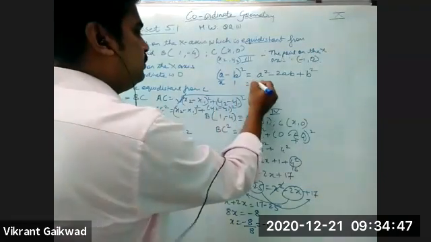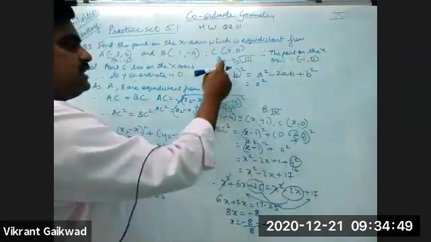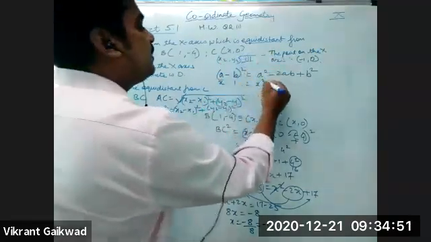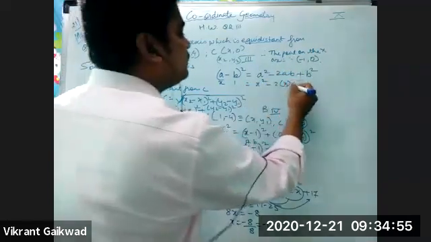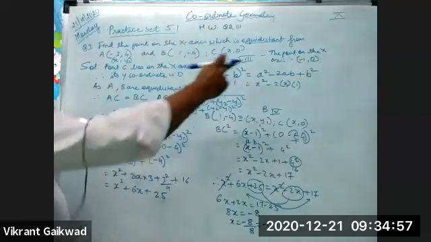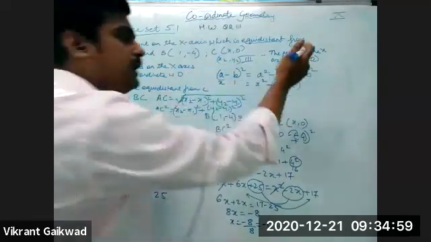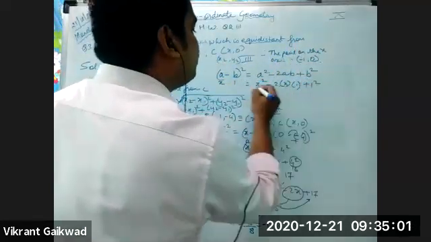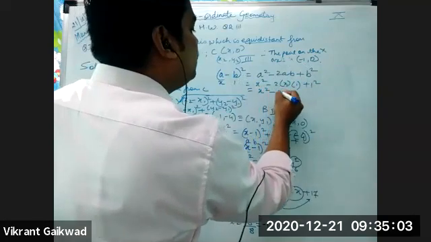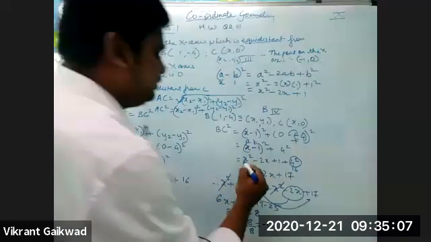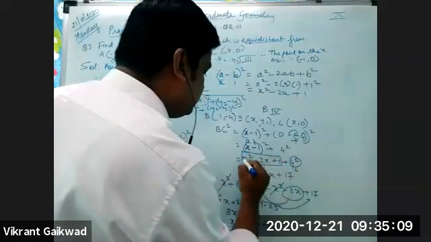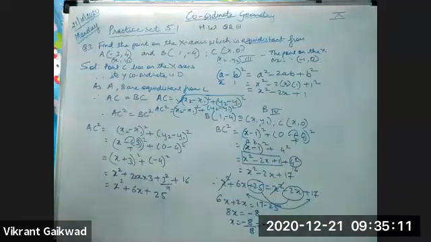So A square is x square, minus 2 into x into 1, plus 1 square. So you'll get that as x square minus 2x plus 1. Understood, beta? Yes, sir. Thank you, sir.